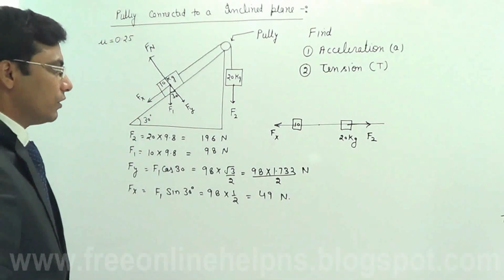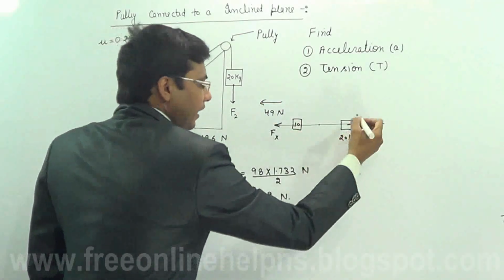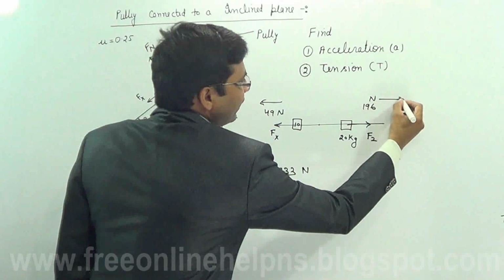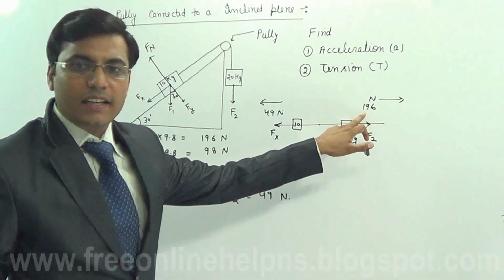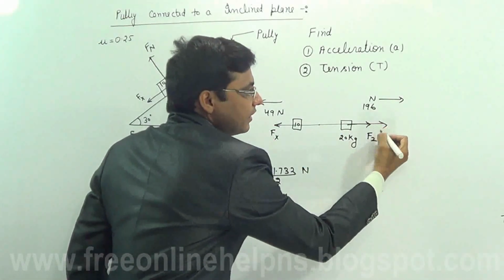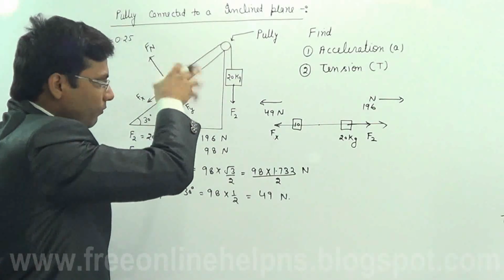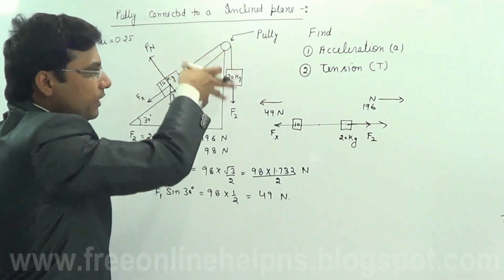That means 49 Newton force is acting in this direction and 196 Newton force is acting in this direction. We can see that 196 is greater than 49, so the body will move in this direction. Both blocks will move in the clockwise direction.